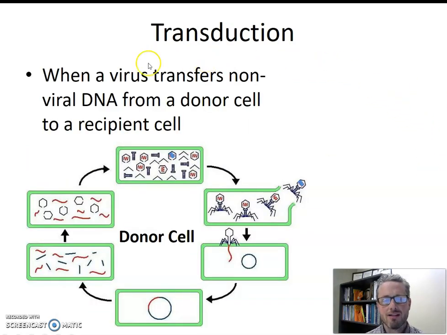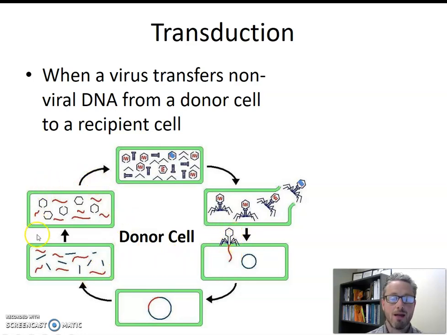So we're going to talk about transduction. And quite simply, transduction is when a virus, like the one we were just talking about in the lytic life cycle, transfers non-viral DNA from a donor cell to a recipient cell. So I've got that exact same lytic life cycle diagram here, but I've modified it ever so slightly. So we've got our virus attaching to and then entering the cell.